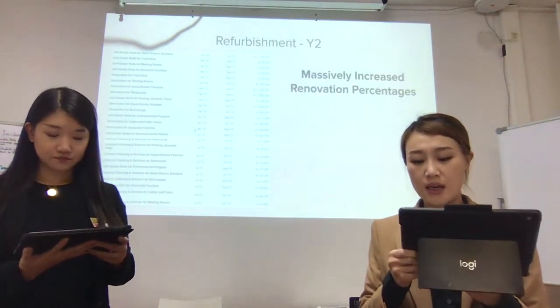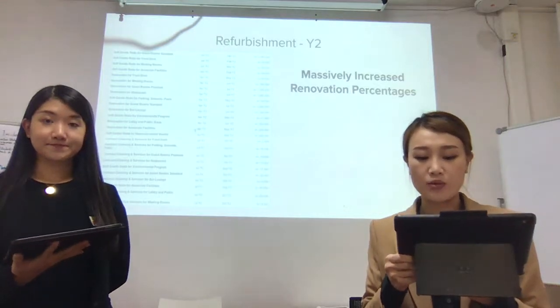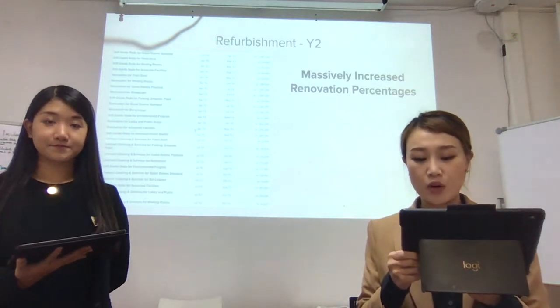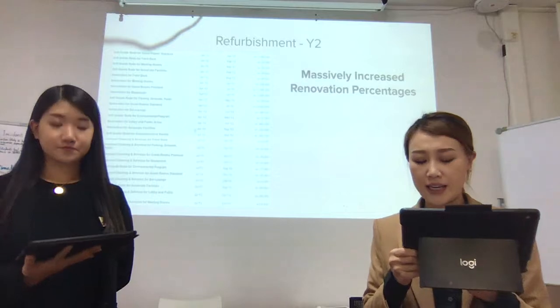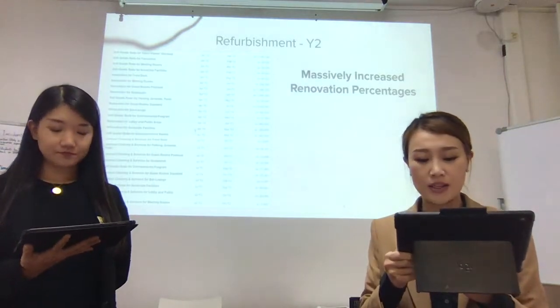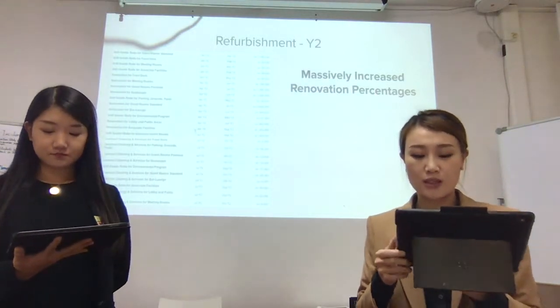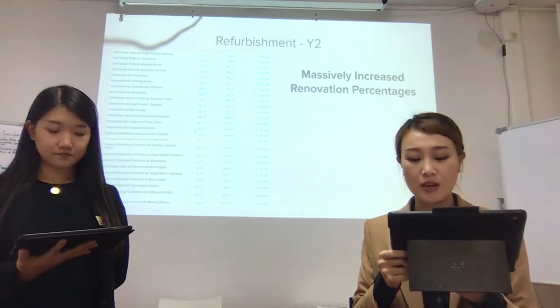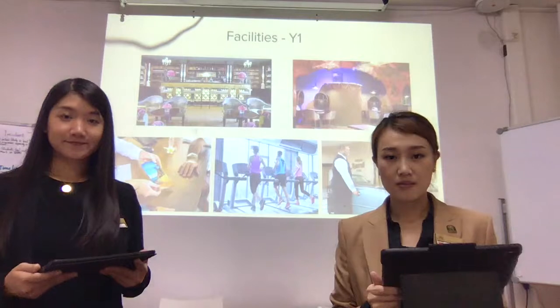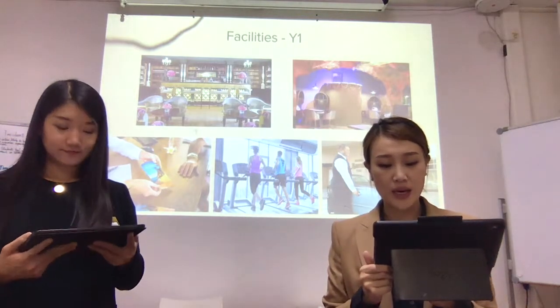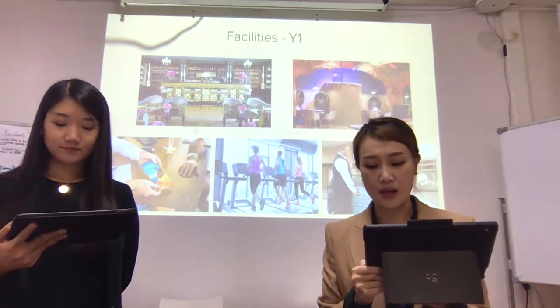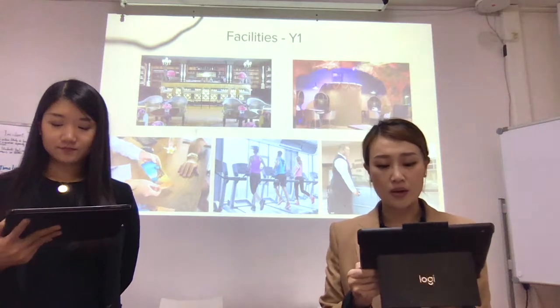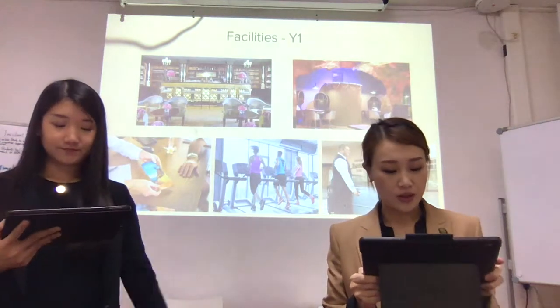As we can see on the slides, most of the important renovations were done before July, like the guest room premium and standard, the front desk and the restaurant, and they are important because they are the main revenue centers of our hotel. And for facilities, we set up valet parking, fitness center, lobby bar, tour desk and theme restaurant in the first year.